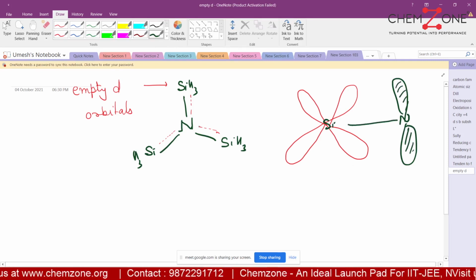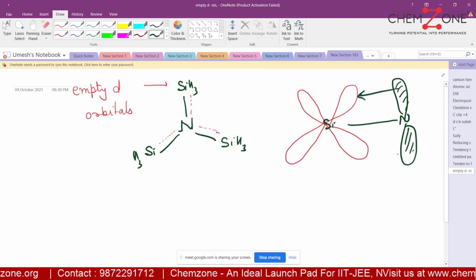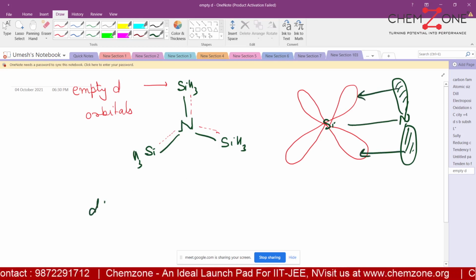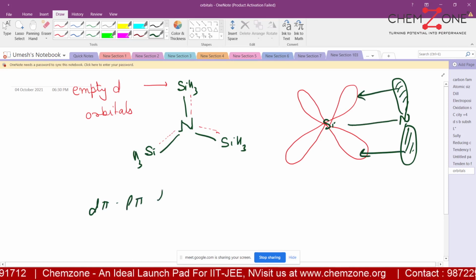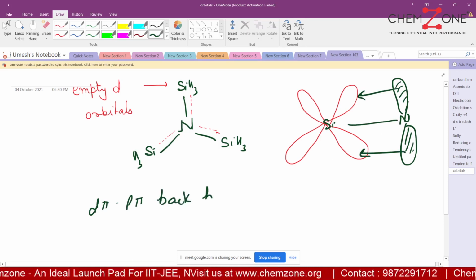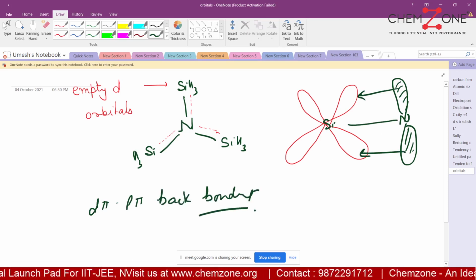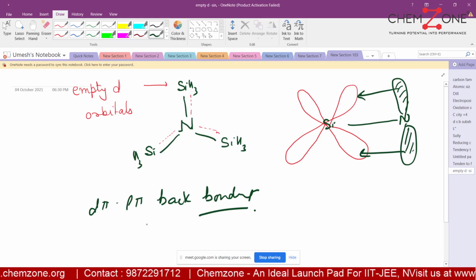So while making this bond, they can give back bonding. We call it d pi p pi back bonding, with all three silicon atoms, and that is why the shape now becomes trigonal planar.